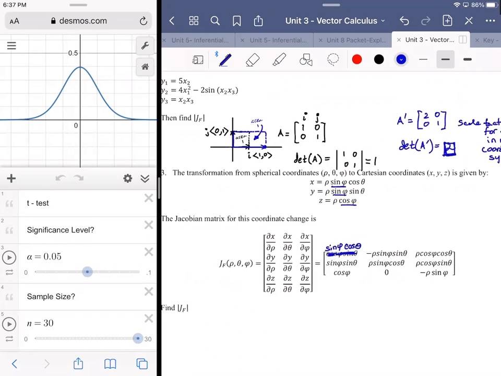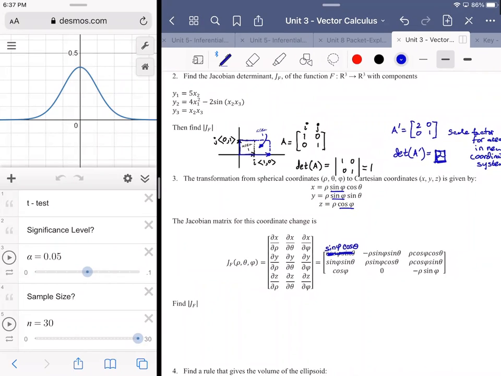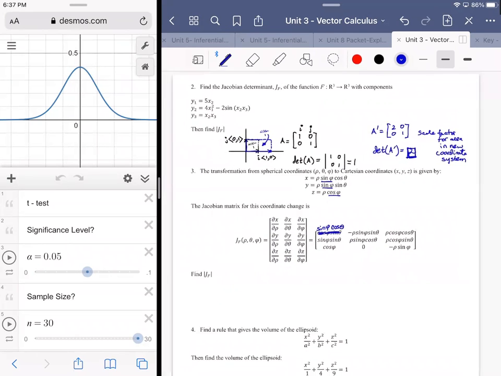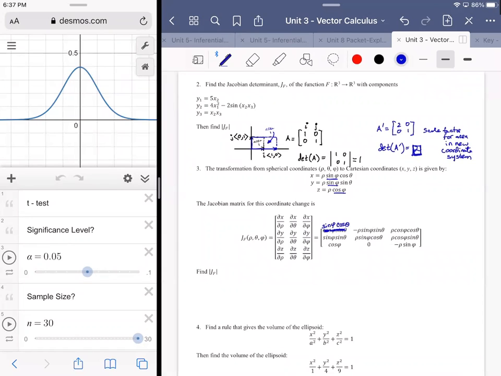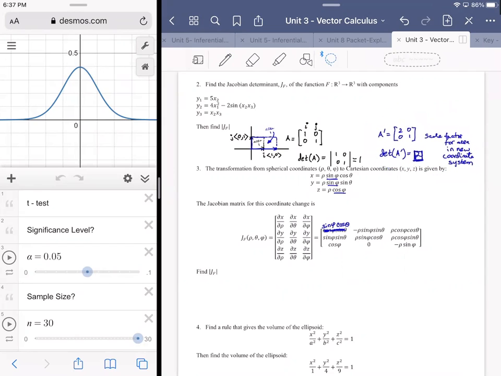Now we're ready to find the Jacobian, all right? What we're going to get from this is, like I said before, that the determinant represents a scale factor in terms of area. So our original coordinate system is in terms of x, y, and z.